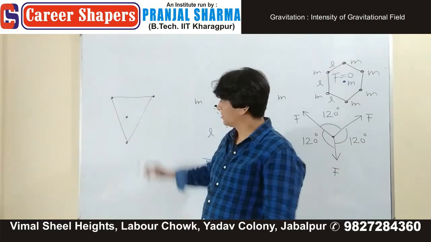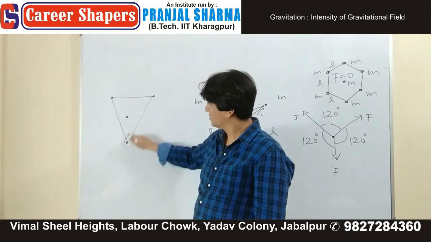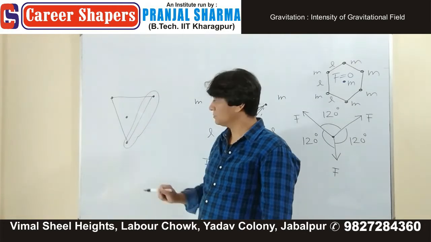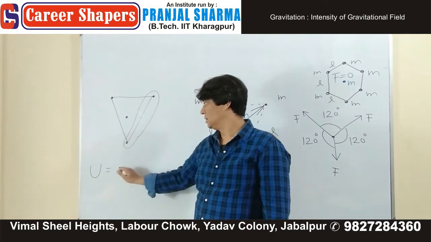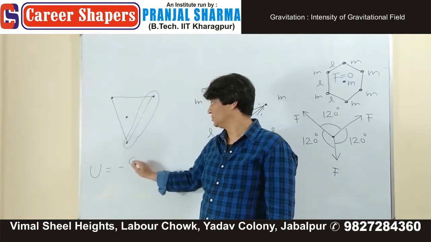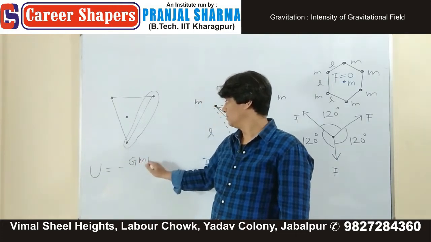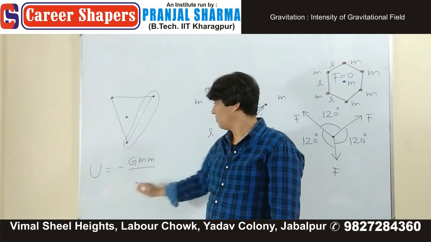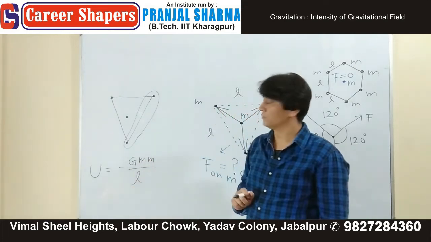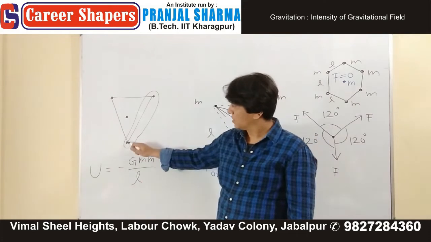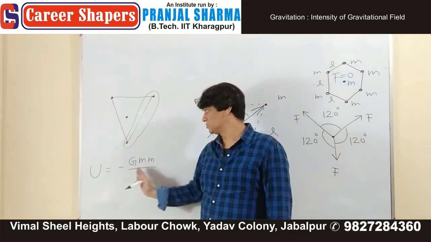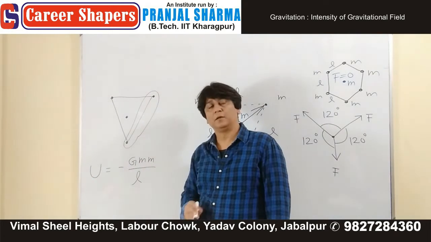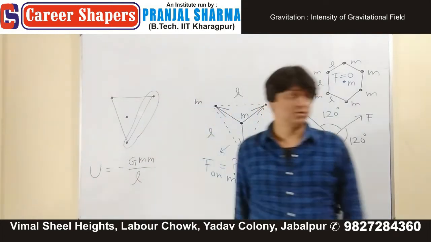The hint is this pair: its potential energy is minus G M M divided by L. For two point masses, their potential energy is minus G M M by L. This is the hint. Now complete the question.